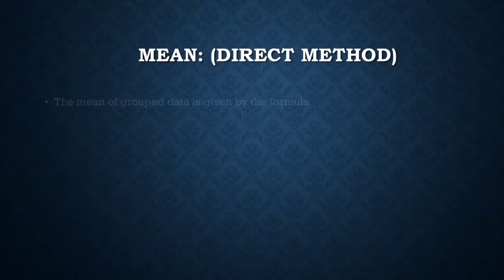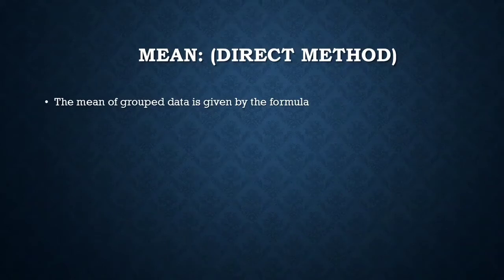So to do that, the mean of grouped data is given by the formula. See here in the formula, mean, which is x bar, is equal to this sign here. This sign is known as sigma. It is Greek letter sigma, and in maths it means summation or addition. We call it summation.